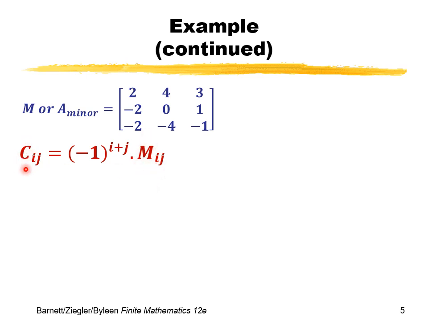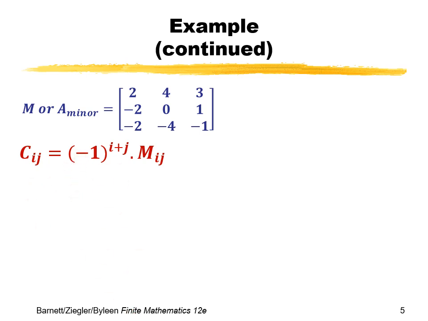So the cofactor relies on the minor. As a matter of fact, they both have the same absolute value, but they might have the same sign, positive or negative, or different signs, as we are going to see right now.